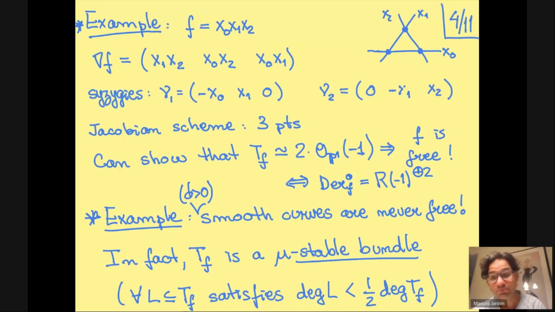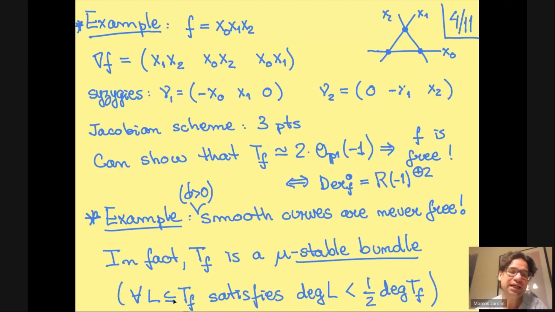And in fact, more is true. Not only does the logarithmic tangent sheaf not split as a sum of line bundles, but the log tangent sheaf is actually a mu-stable bundle. So in the last line here, I just remind what is mu-stability for a vector bundle in this context.